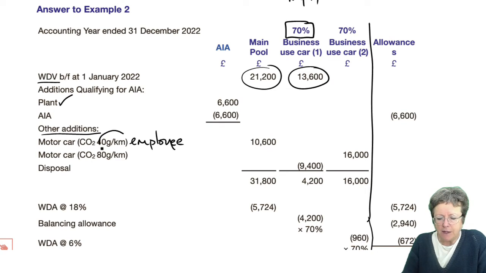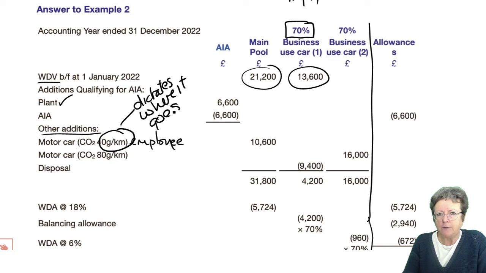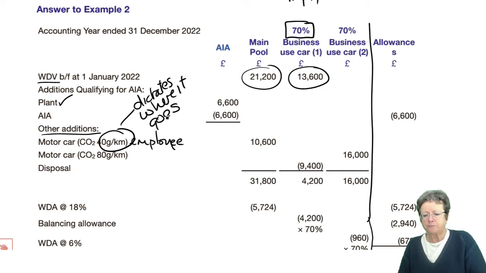And it's this that dictates where it goes. Check in the rates. Because it's 40 grams per kilometre, that goes into the main pool.